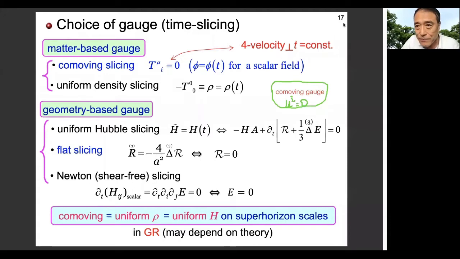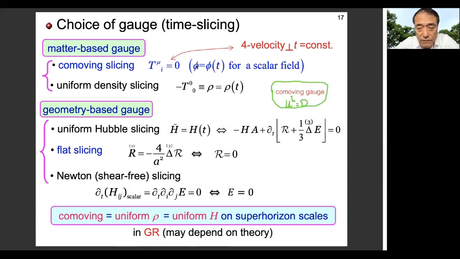Anyway, with this you can slice the space-time based on this condition, and if the energy momentum density is dominated by a scalar field, like in the case of inflation, then this coincides with the slicing where the scalar field is homogeneous on a time slice.